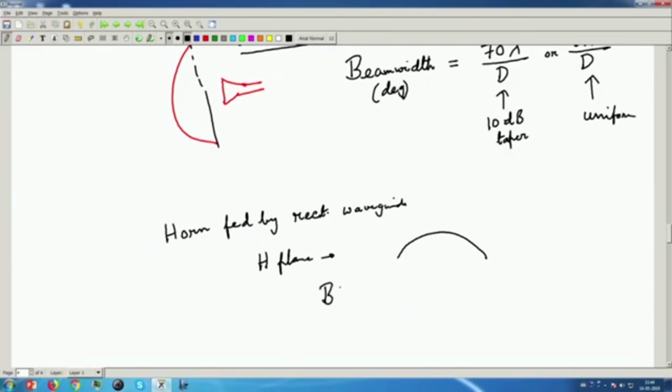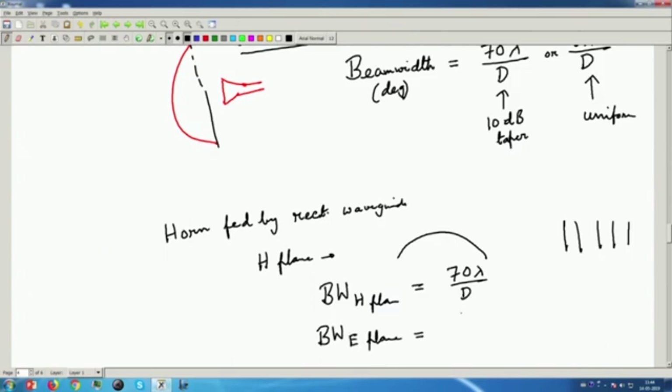So, we can say that the beam width in the H plane of a horn antenna is given by 70 lambda by d. In the E plane, we know the field structure is something like this, so uniform. So, the beam width of the horn in the E plane is given by 51 lambda by d.